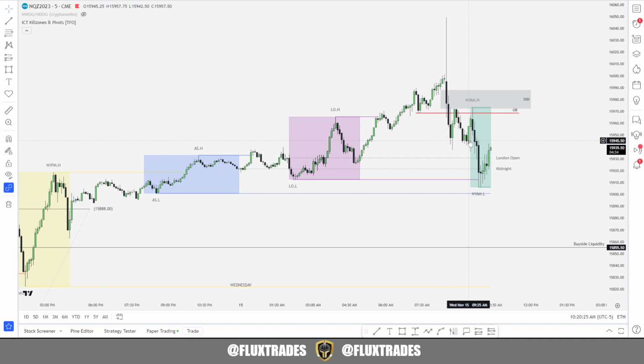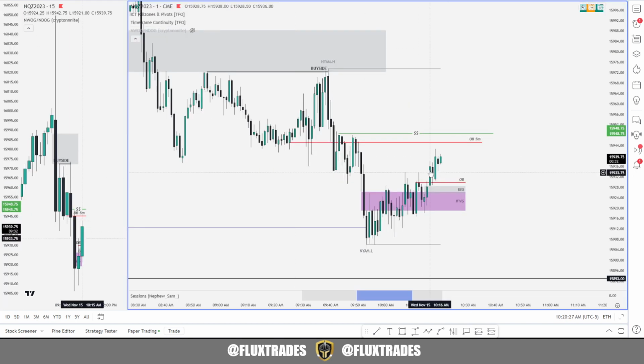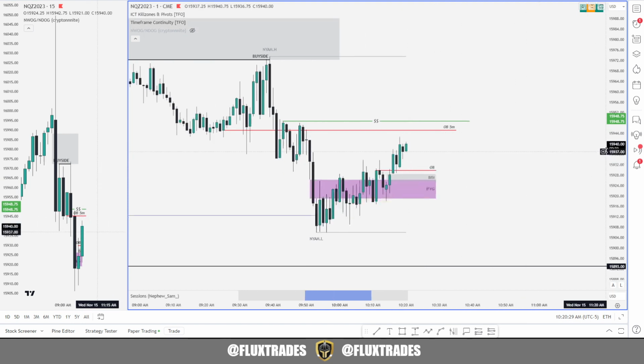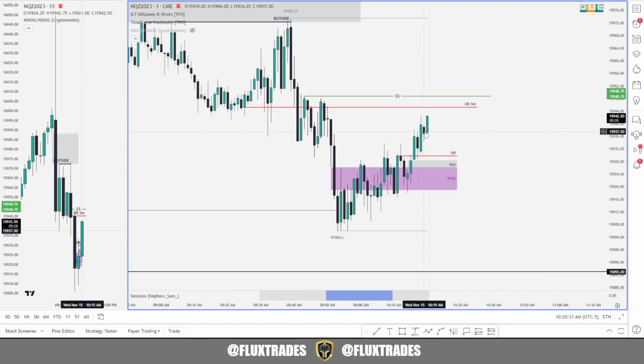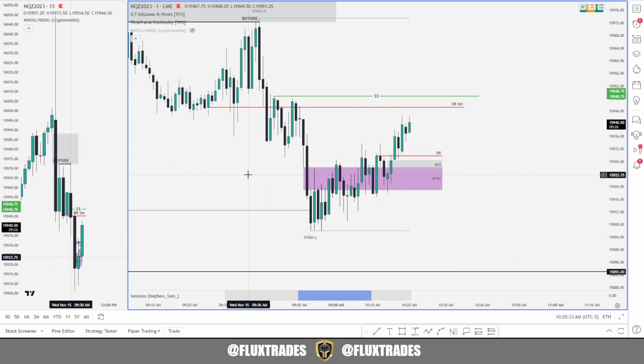Trading up into the 5-minute order block. Watching if we want to climb up into there. Like that. 10 minutes till the 10:30 macro. Will be looking at the 5-minute as well for reference points.